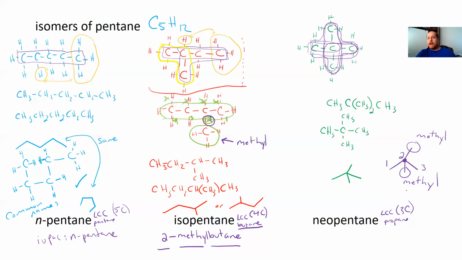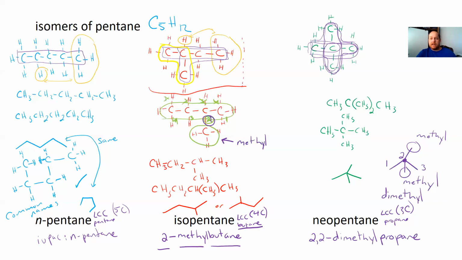If I have two methyl groups, that's dimethyl, and I have to specify where each is attached, so I have a 2, but I have two of them, so I specify the second too. It just happens they're both attached to the same carbon. So it's 2,2-dimethylpropane.